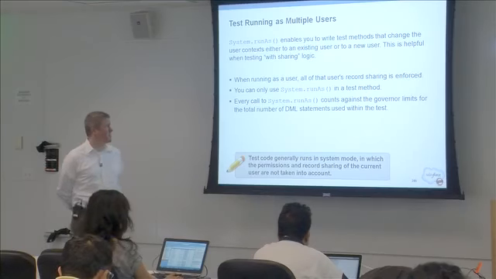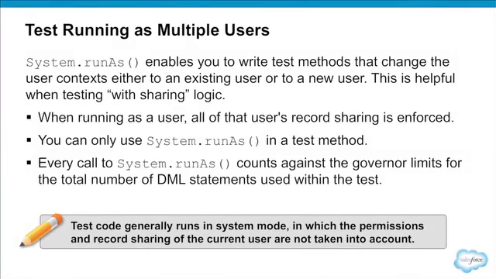So with System.runAs, you surround your code with this block, and then you pass the user ID of the user that you want to run this code as, and then when you're, for instance, initializing your test data, you've initialized it as that user as opposed to yourself. Okay?